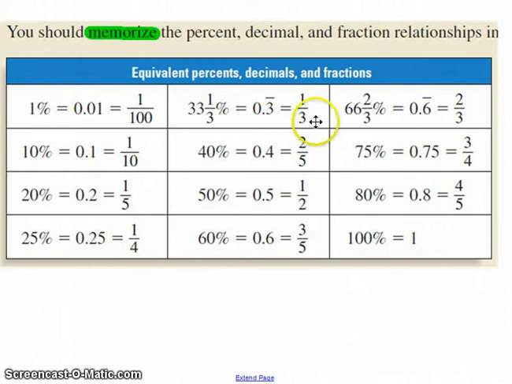Similarly, 1/3. It's a number that's very familiar to you. You should know that 1/3 is the same thing as 33 1/3%. It's the same thing as 0.3 repeating forever. So all of these, these 12 different relationships, I'm going to expect you to memorize. They're all on page 785 of your textbook, so make sure you've done that.